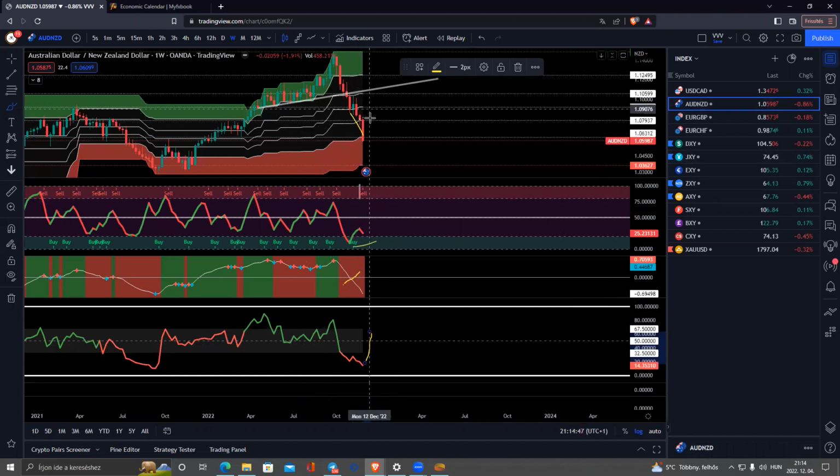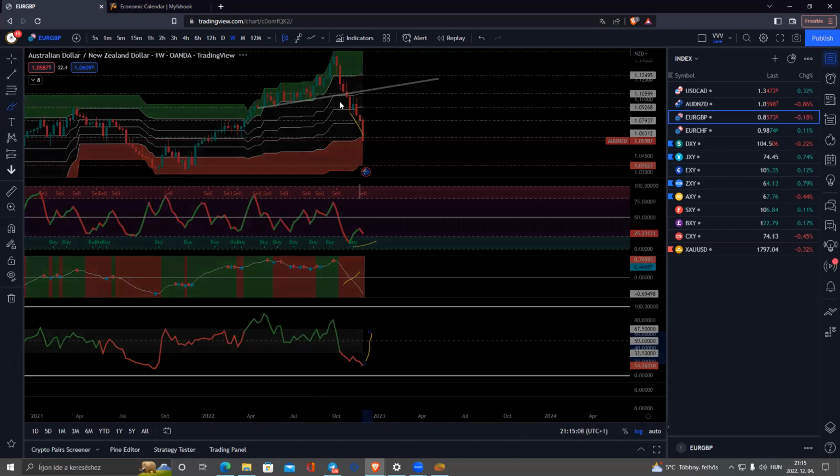And that's my point, because maybe here we got the retest, but I want to see a retest actually with the touch, which is on the 61 fib level.